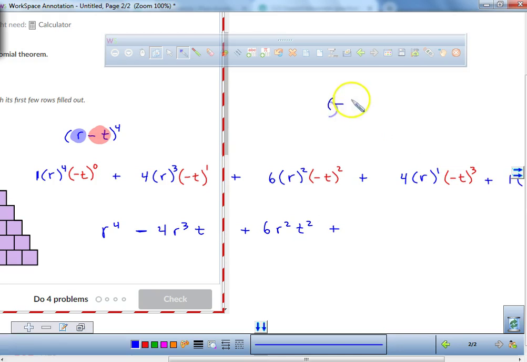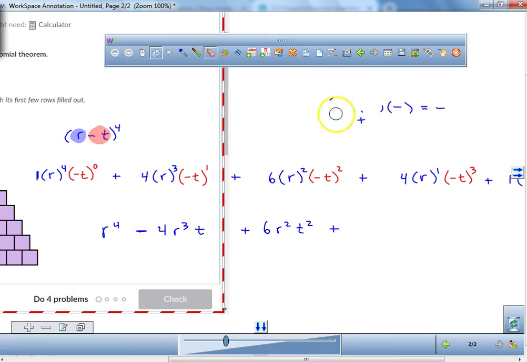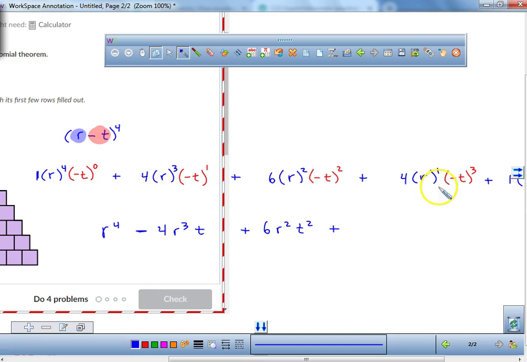If I have an even number of negatives, they turn to a positive. But if I have an odd number of negatives, they stay negative. So even cancels to a positive, odd stays negative. So I'm going to have to put a minus 4rt cubed because of that negative right there.